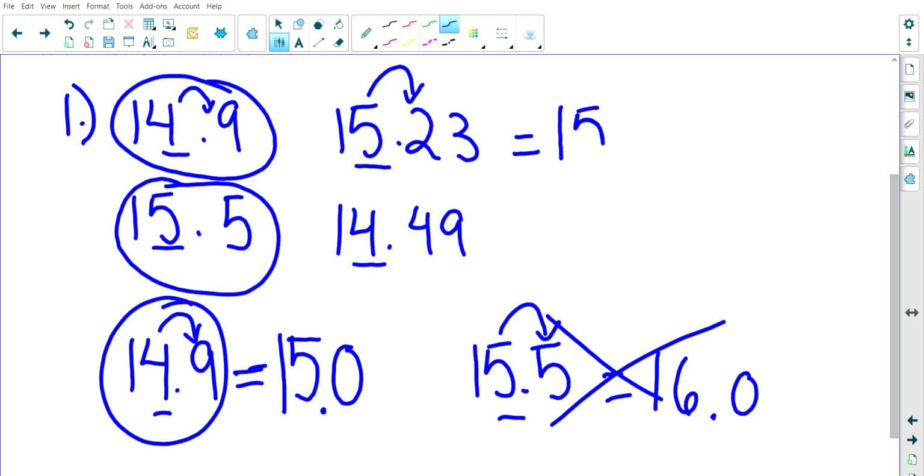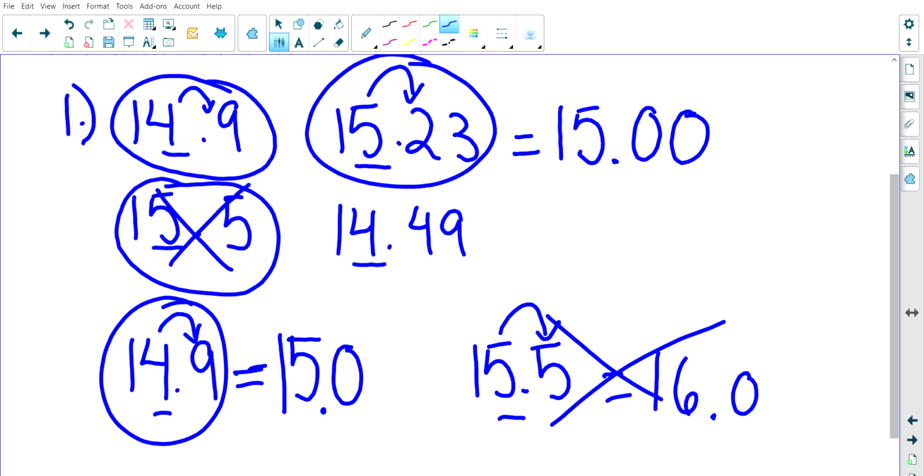The rounding digit stays the same. Everything behind it turns into a 0. Keep that decimal point where it originally was. Turn the 2 into a 0 and the 3 into a 0. 15.23 also rounded to 15, so we can go ahead and circle 15.23.